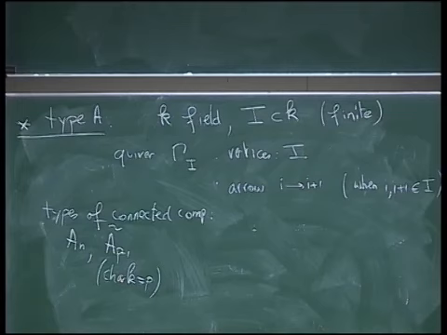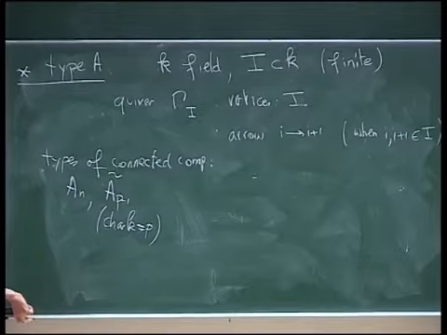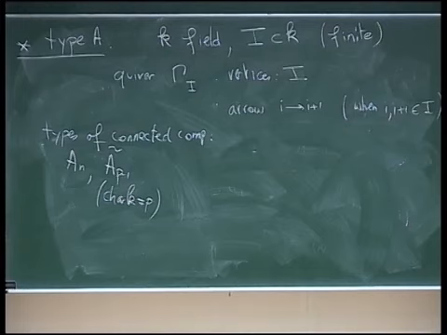Type A arises naturally here, and in some sense, if you start with classical algebraic objects in this 2-representation theory, it seems that you mostly get type A, and that's basically the way you get a quiver of type A.